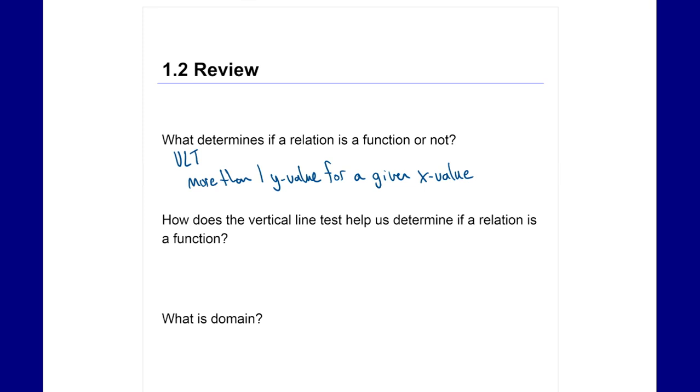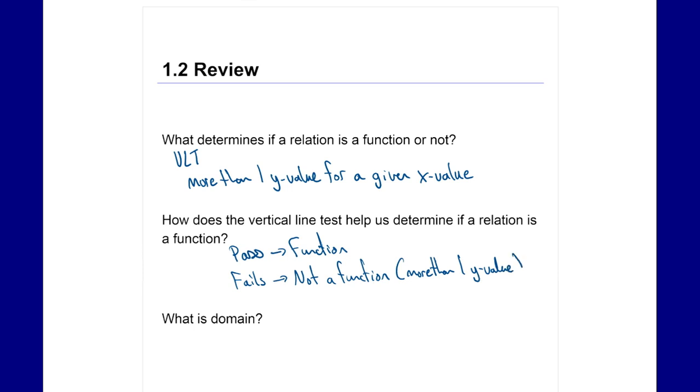How does the vertical line test help us determine if a relation is a function? Basically, if it passes, it's a function. If it fails, it's not a function. The reason it fails, besides failing the test, is that there's more than one y value, so it goes back to the definition of what a function is.